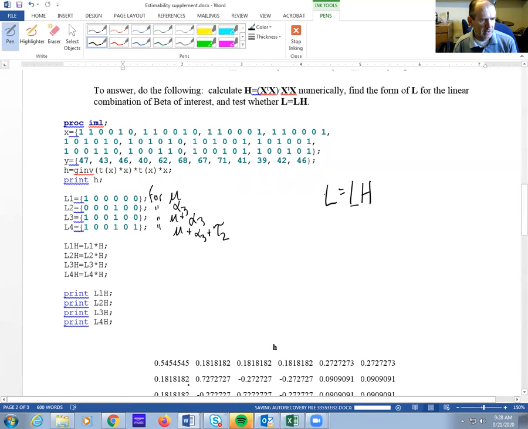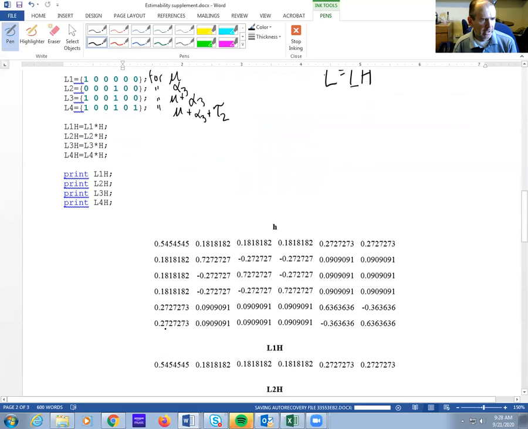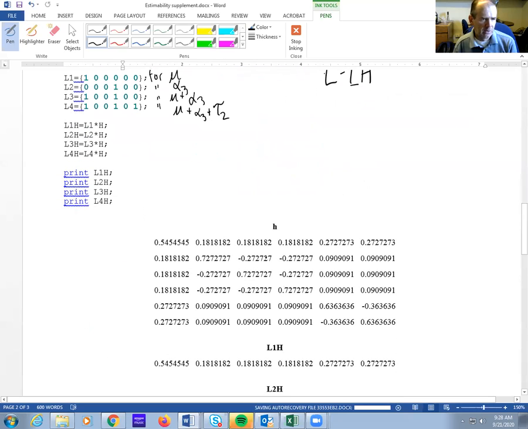When we compute the H matrix and print out what it looks like, here's what we get for the H matrix. Then I've computed L1 times H, L2 times H, and so forth.